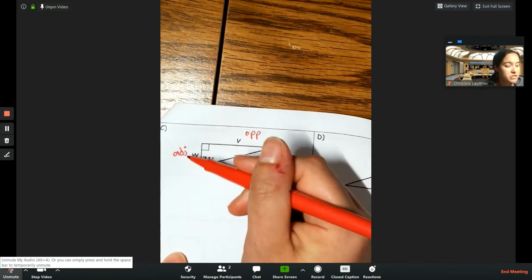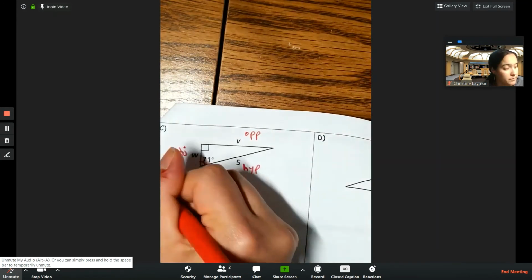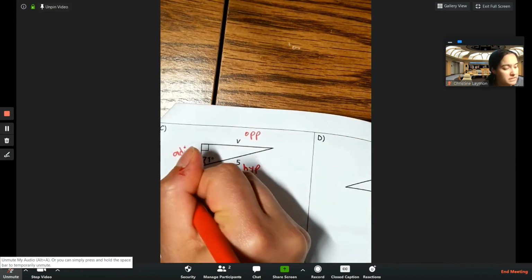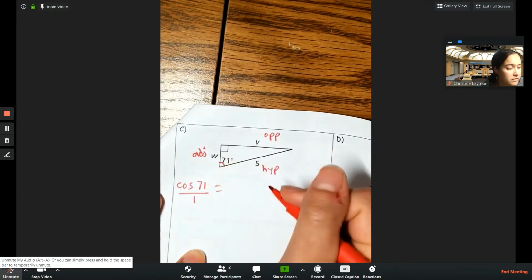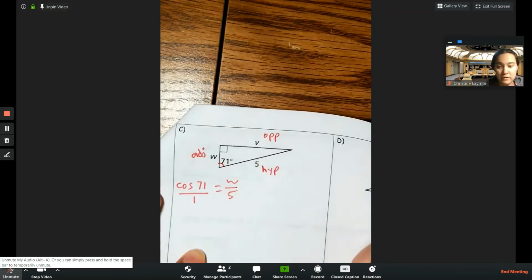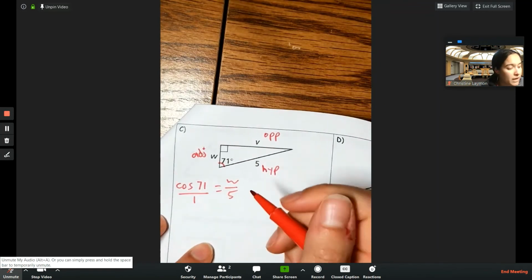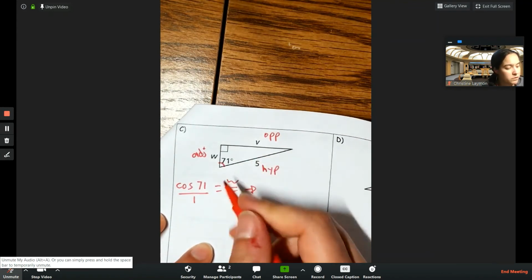So W is adjacent, 5 is hypotenuse. That means I need to use cosine to begin here. So cosine of 71 over 1 equals adjacent over hypotenuse, that is W over 5. Going to go ahead and cross multiply.